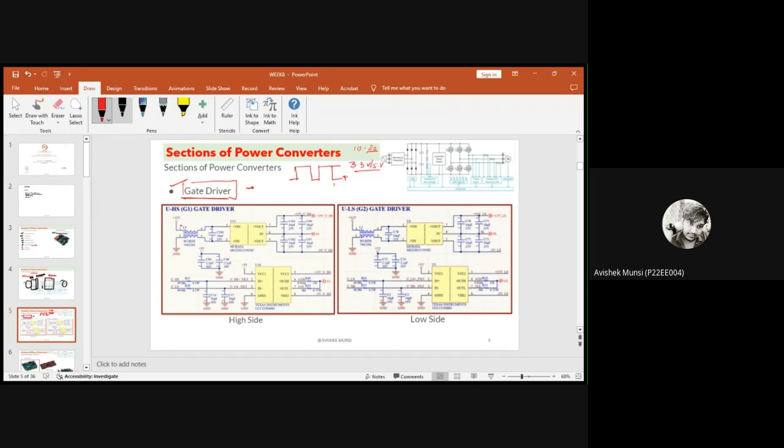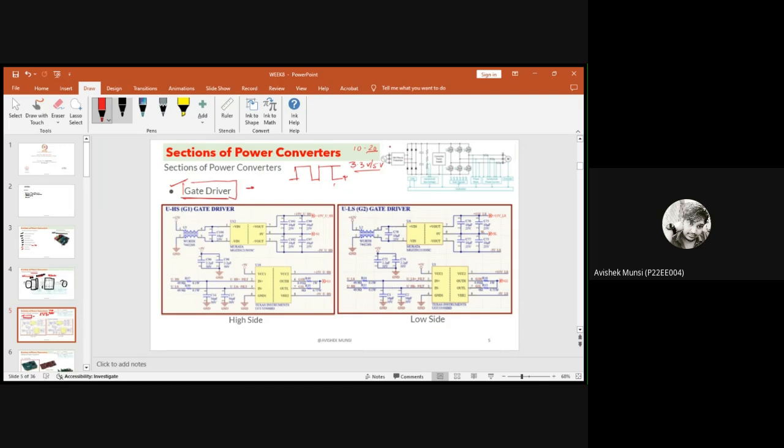As we discussed previously about many gate drivers, there is a low side gate driver, a high side gate driver, and a bootstrap type of gate driver, which has both the high side and low side. We also discussed optocoupler based gate drivers.